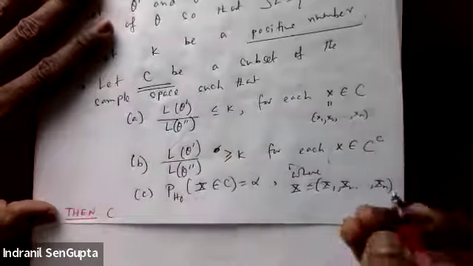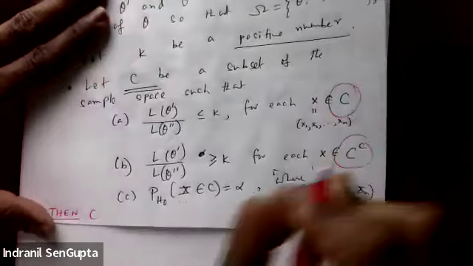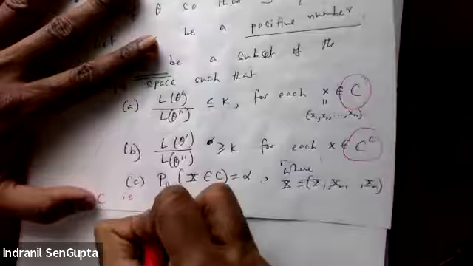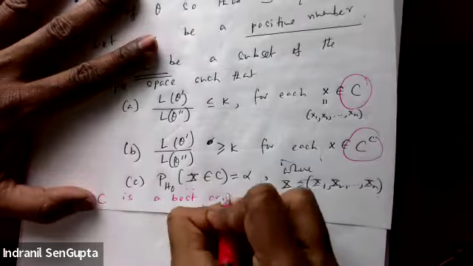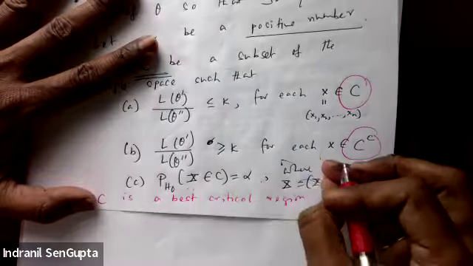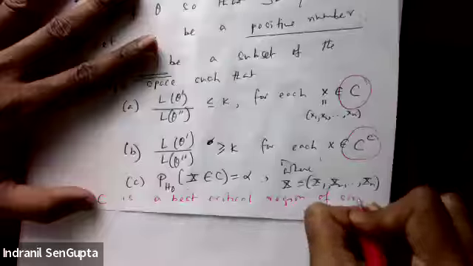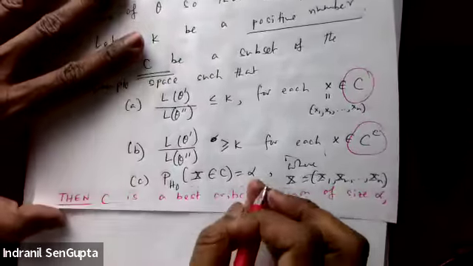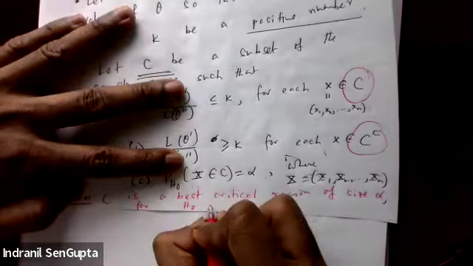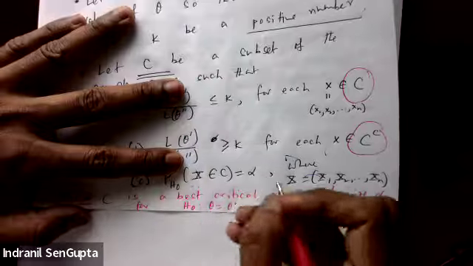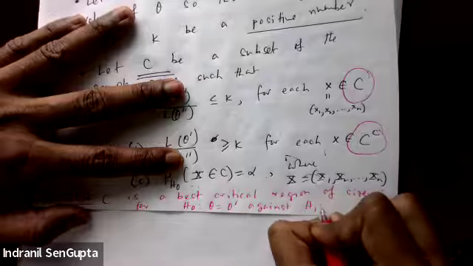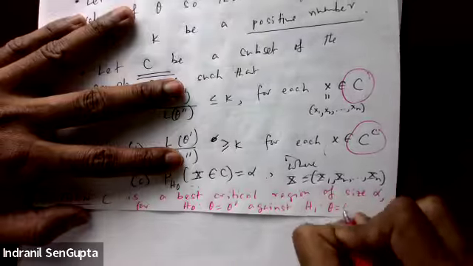Then C, for which this is true, this C is a best critical region of size alpha for testing the hypothesis H0, which is theta equals theta prime, against H1, which is theta equals theta double prime.